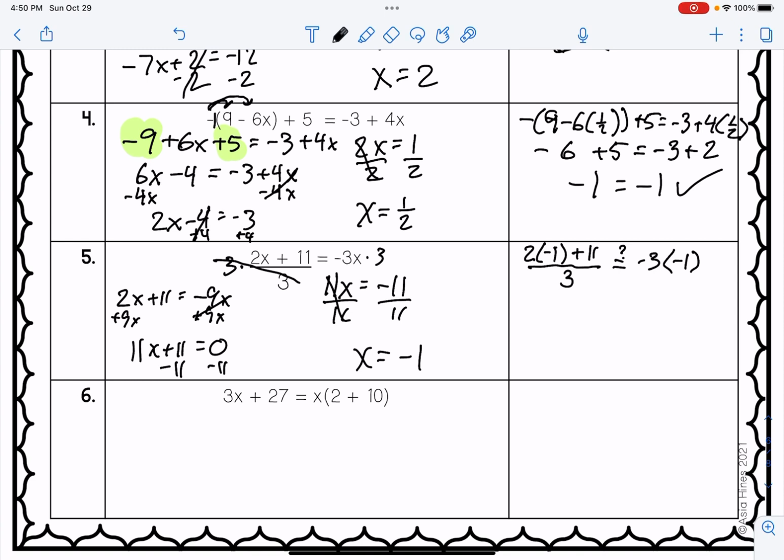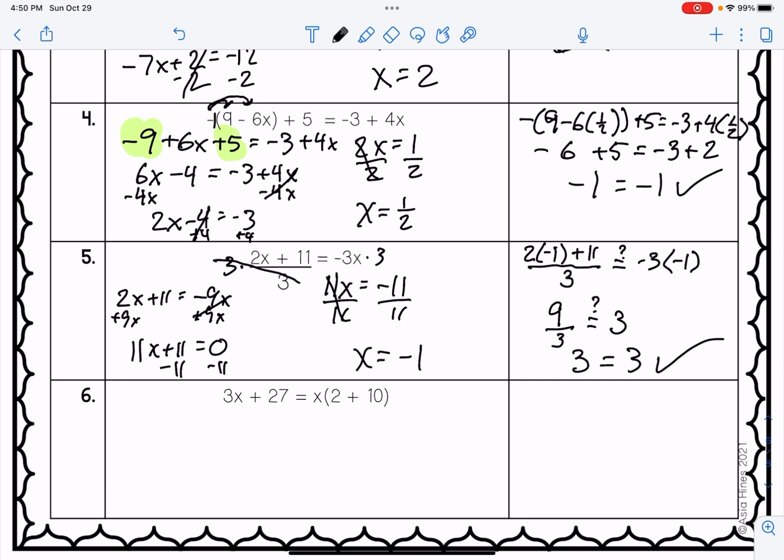Negative 2 plus 11 is 9. I'm just going to go ahead and multiply my right side. Negative 3 times negative 1 is 3. And 9 divided by 3 is 3. Matching up with our 3 from the other side, it checks off. We know negative 1 is our correct answer.